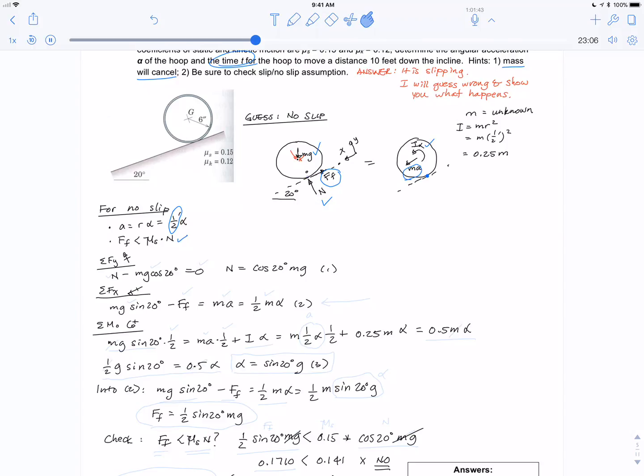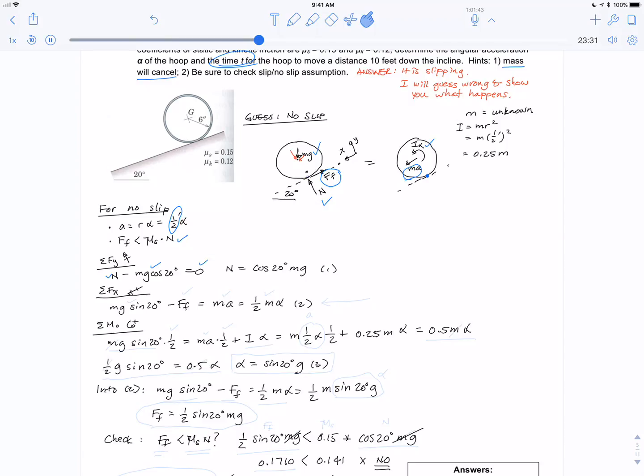So n is going up, the weight cosine 20 degrees is going down, so negative. And on the right-hand side, there's no y acceleration because, again, the ring is not hopping up off of the ground, so that's 0. And so you immediately solve that for n equals the weight times cosine 20 degrees. We don't know the mass, so it'll be m times g times cosine 20 degrees.